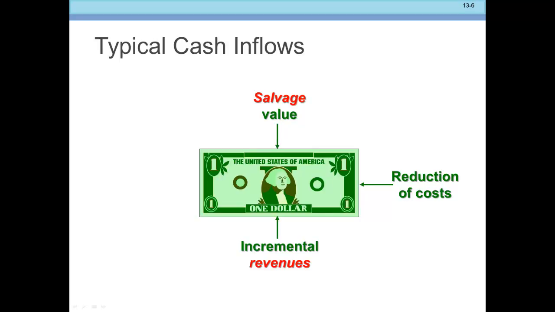After the equipment is no longer used, we have the release of the working capital investment. Each of these items are cash inflows that occur at different times of the project. So just as with the outflows, we want to express these in today's dollars.